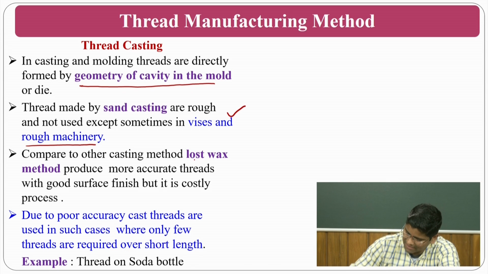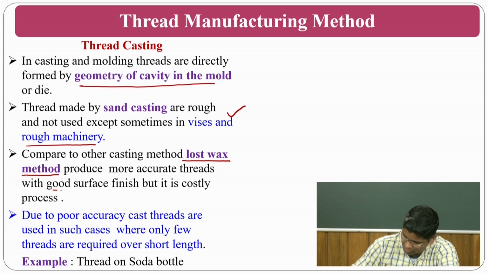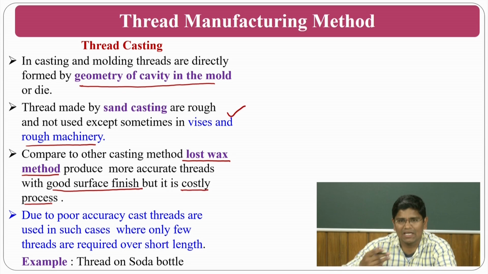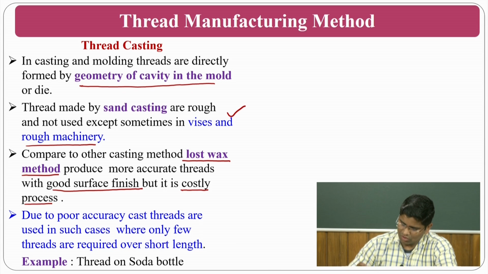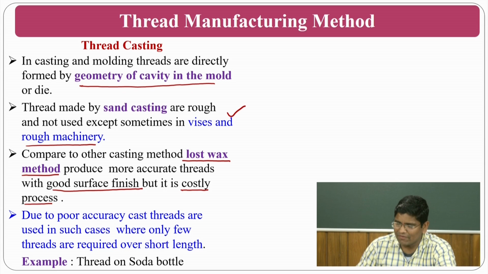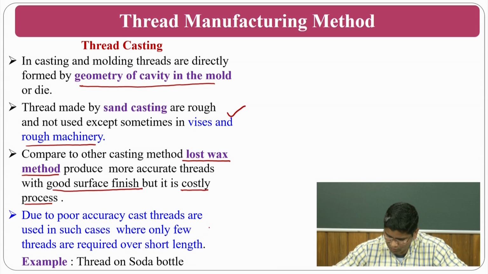Compared to the other casting, lost wax is one of the casting methods. As you know, this gives a good surface finish but is a costly process. It is slightly costly from the point of view of manufacturing. The other thing I want to specify about thread manufacturing by casting is that, due to poor accuracy, casting threads are used in areas where threads are very short.